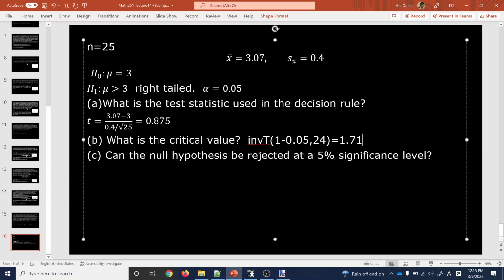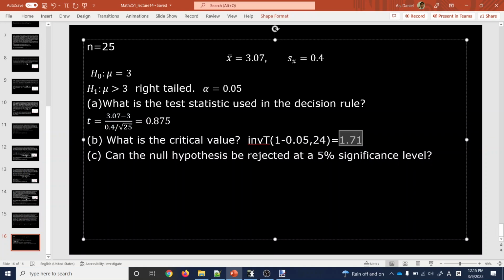Okay, so that's the last question. Can the null hypothesis be rejected at 5% significance level? Why not? Our test statistic, is this in the zone? No, because this and above is the right tail.